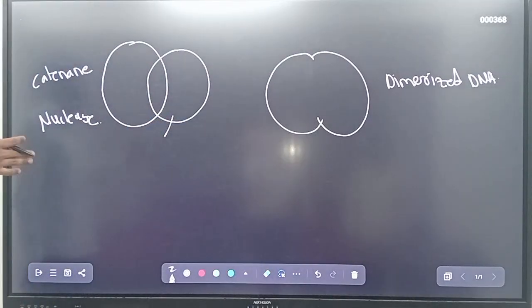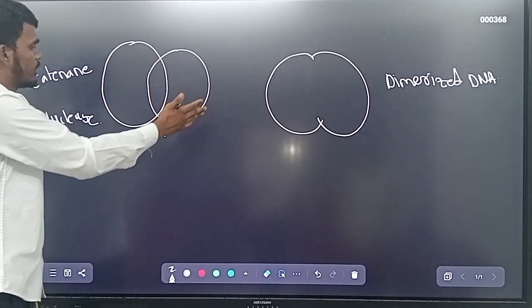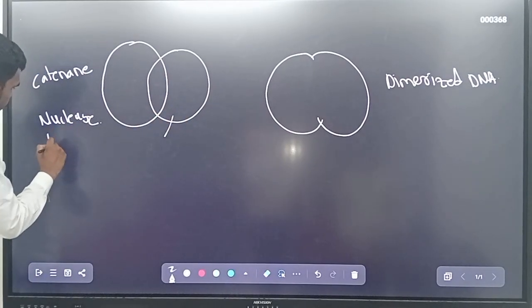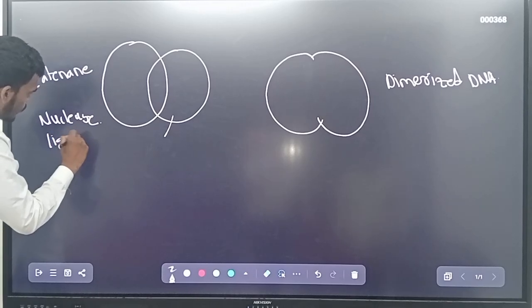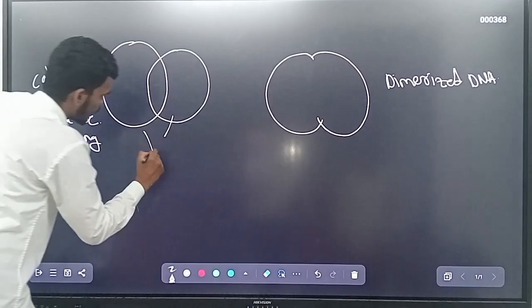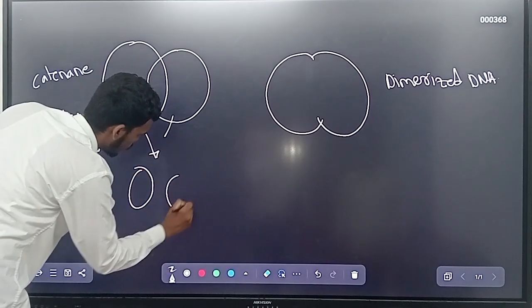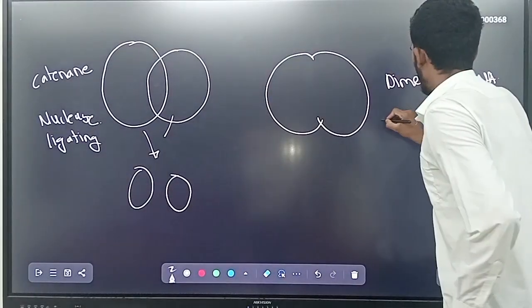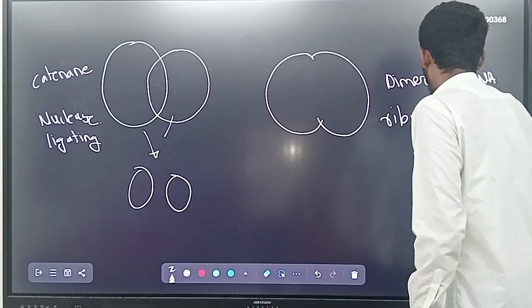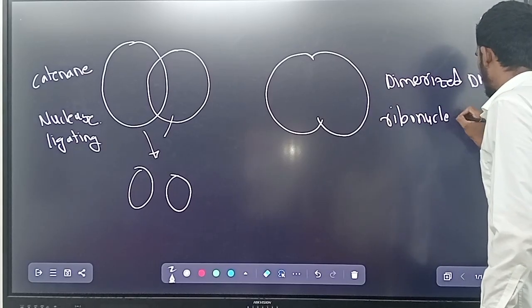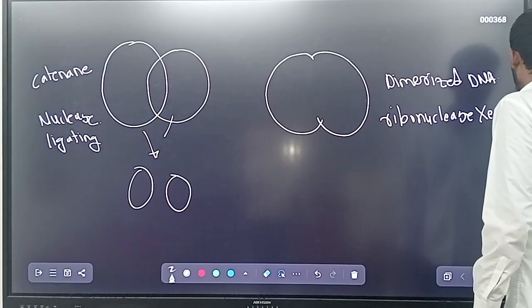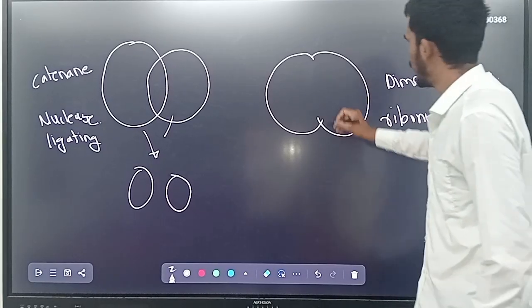This will remove the supercoiling that gets formed at this position in front of DNA polymerase 3, which is moving with the helical nature.